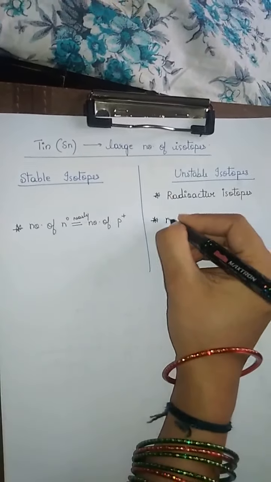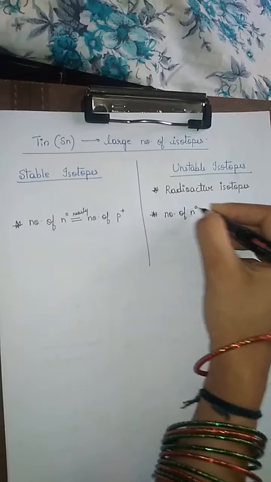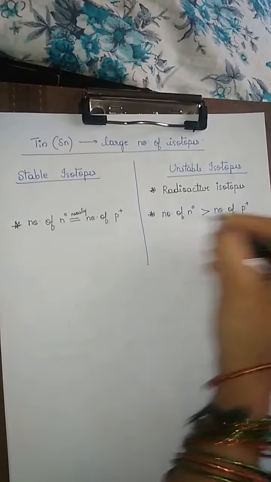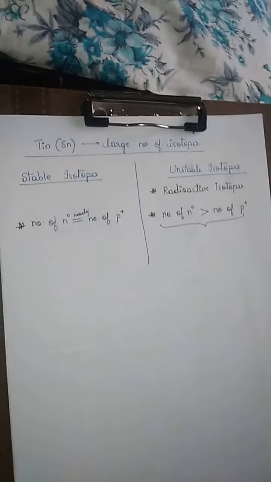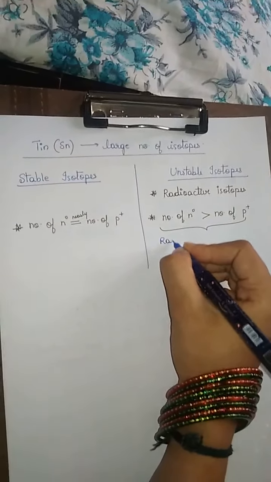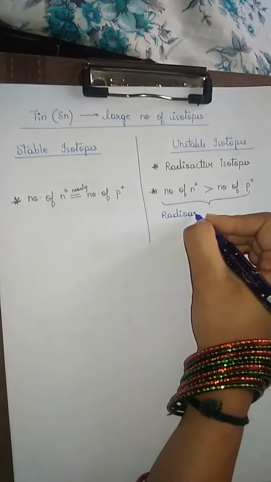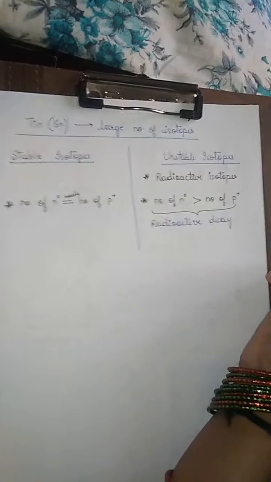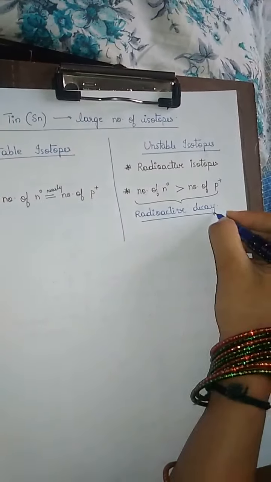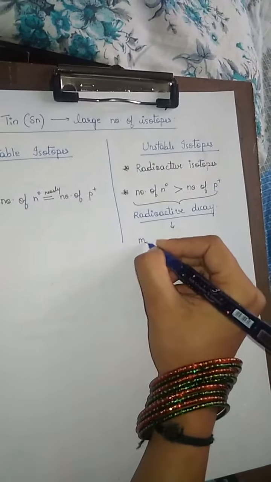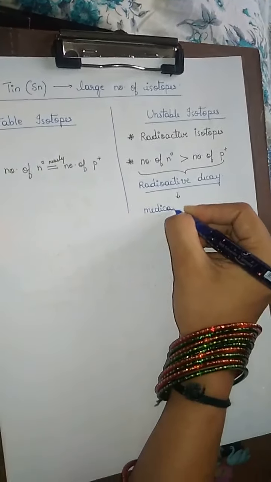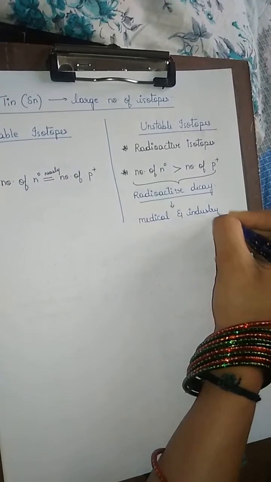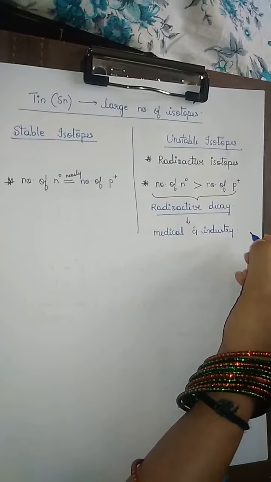But in unstable isotopes, the number of neutrons is higher than the number of protons. Because of this, they undergo radioactive decay. Because of this radioactive decay, they have many uses, especially medical and industrial uses.